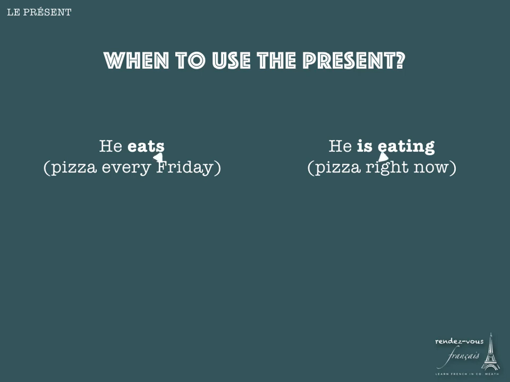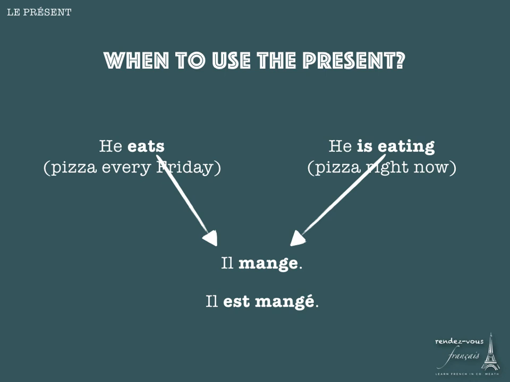In French, those two tenses are translated by le présent, il mange. So you can't say il est mangé. Okay, that is not correct at all. Eats and is eating are both translated with il mange. So we just have one present tense when in English you have two. So that's one less tense to learn, and that's good news.